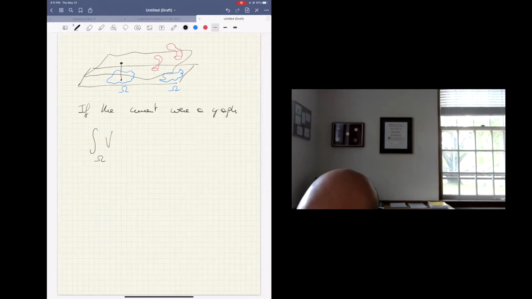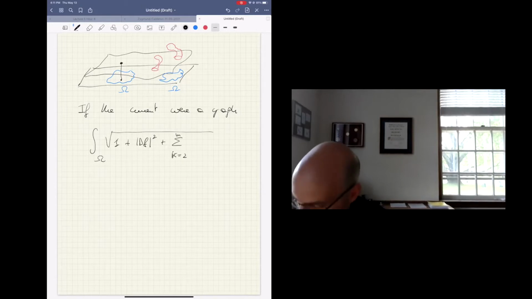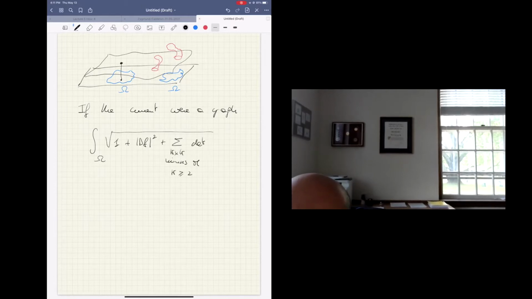Over the graphical region omega, you would have the square root of 1 plus modulus of gradient of f squared, and then you have the sum over all k, with k bigger or equal than 2, of the determinant of the minor to the power 2. And these are minors inside my matrix DF.